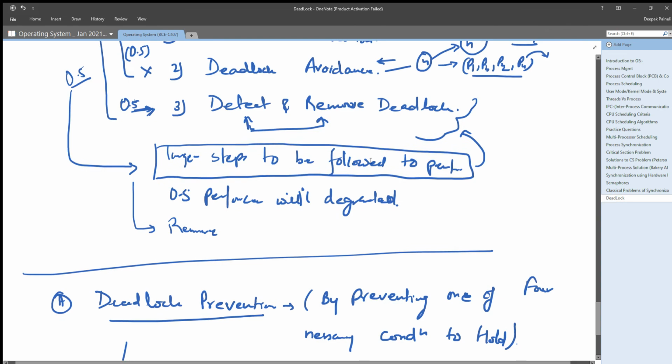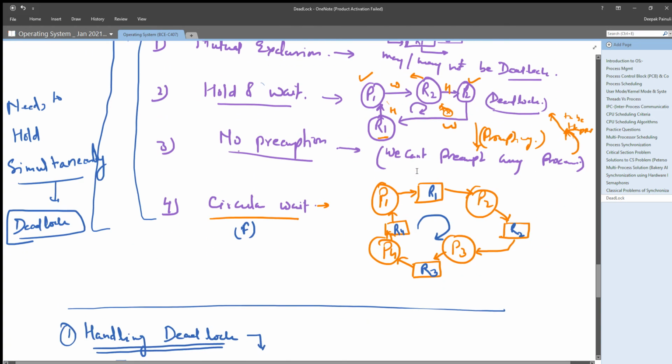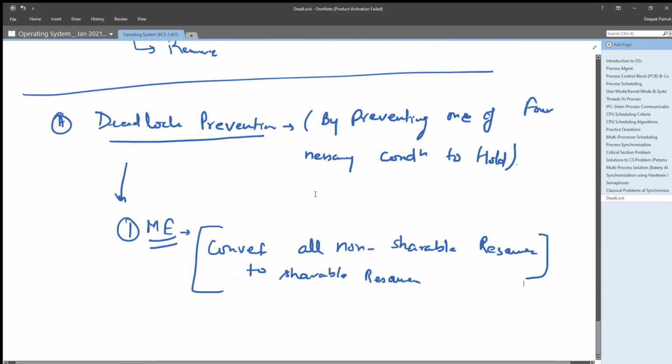As we already discussed, in mutual exclusion we are making a resource non-shareable, meaning we use them one after another; both processes cannot use them at the same time. So to prevent mutual exclusion, we have to convert non-shareable resources to shareable resources.